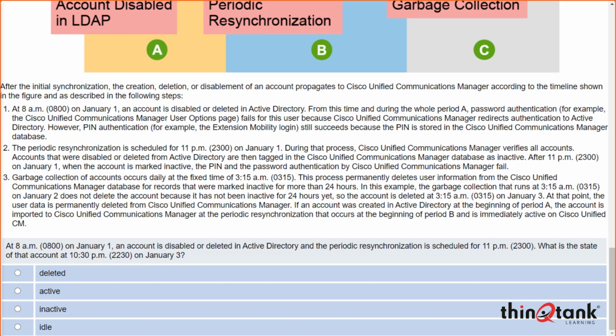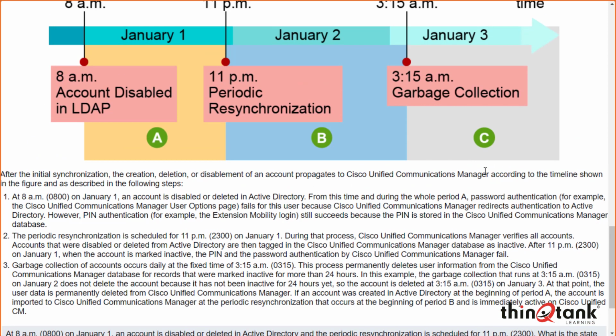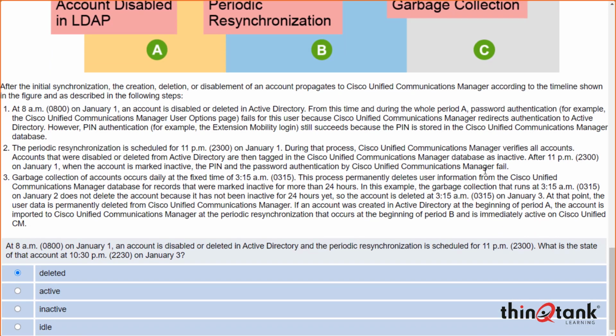Well, actually, it would be deleted because it would have been more than 24 hours, since they're talking about January 3rd. So the account would be deleted because we would have passed the 24-hour window. January 2nd would have been the first garbage collection, and on January 2nd, the account would not have been deleted. But on January 3rd, the account would have been deleted because we went past the 24-hour window. Okay?